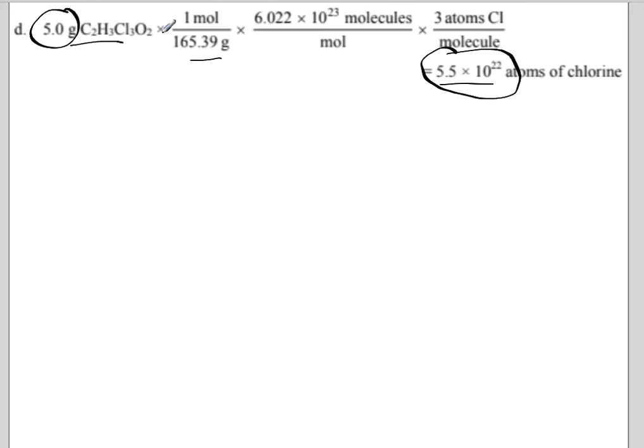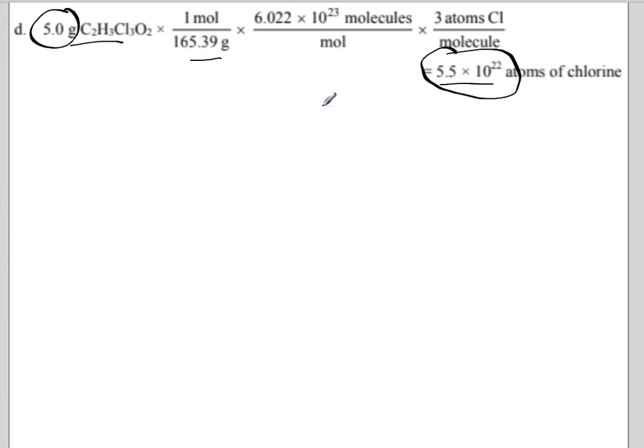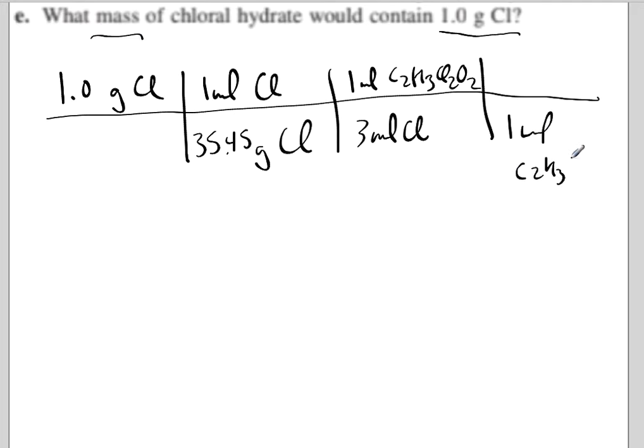Well, what do we know? From here, we knew 3 of these equals 1 molecule. So what we would do is we would go here, 3 moles of Cl, right from the formula, equals 1 mole of C2H3Cl3O2. Now I have moles. It's asking me mass, moles here, 1 mole of C2H3Cl3O2 equals here is going to be, we said 165.4 grams, I believe, of C2H3Cl3O2.